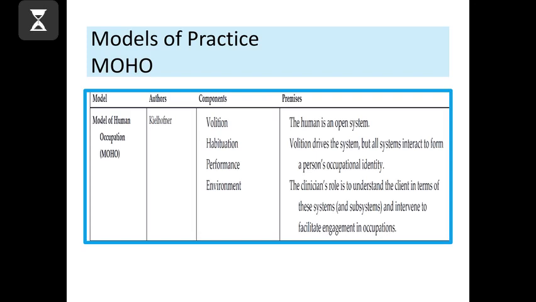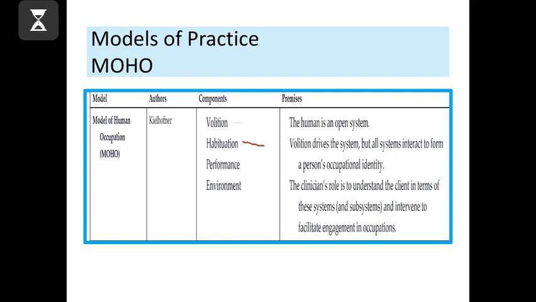Practitioners using Kielhofner's MOHO know that they're going to gather information about volition, which is the child or parent's goals and priorities or occupational choices. That they're going to look at habituation or routines, which is how the child spends the day.